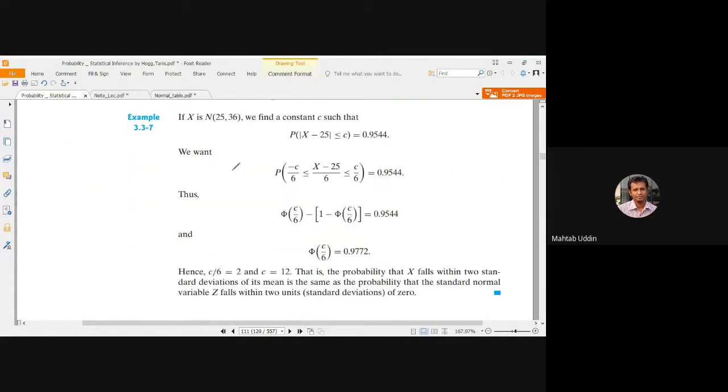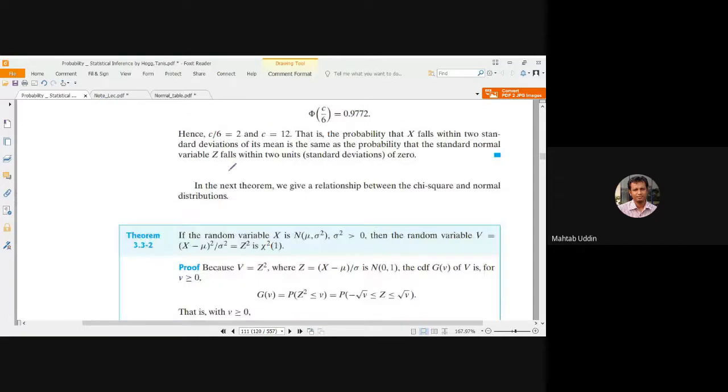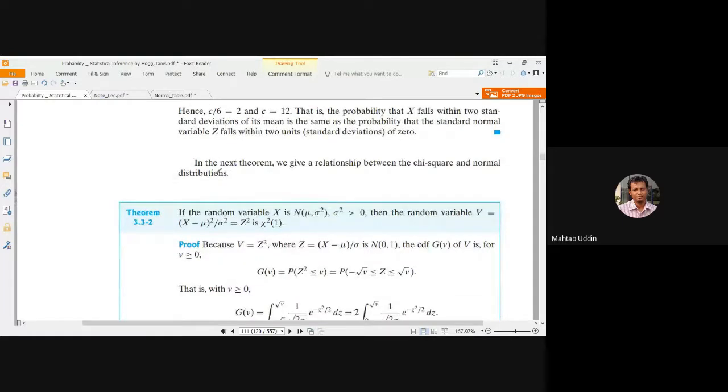Sometimes we can find the unknown position using the normal distribution curve or normal curve. But before that, I want to show two properties here. One is this: if absolute x less than equal a, usually what can we write? Minus a less than equal x less than equal a. Am I right? Yes, sir.